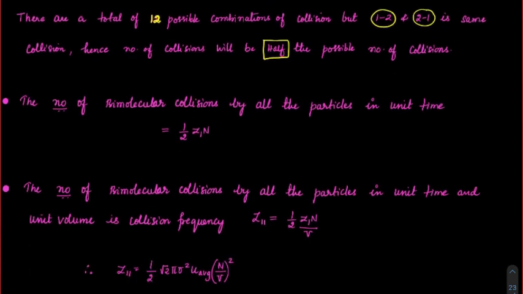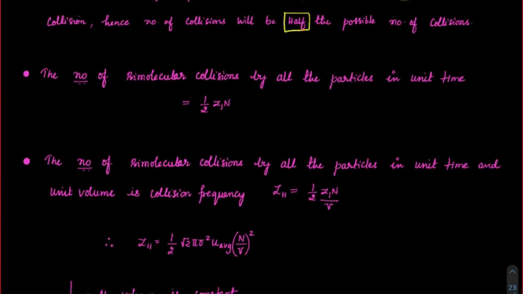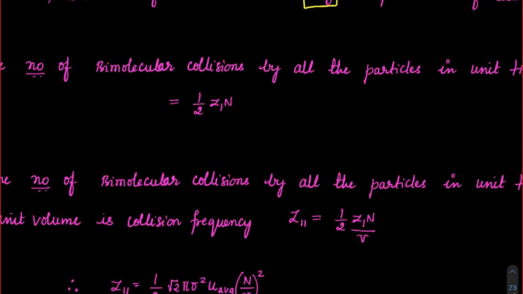So, what is Z1? Z1 is the number of collisions done by one particle. If there are n particles, Z1 into n will be the number of collisions. But what we learned is that the number of collisions is repeated, so it is halved, correct?